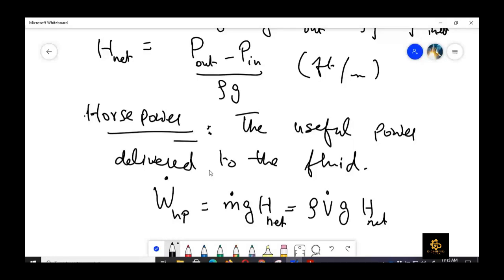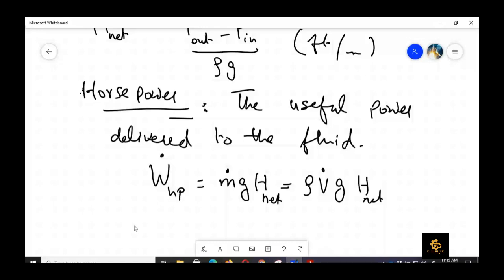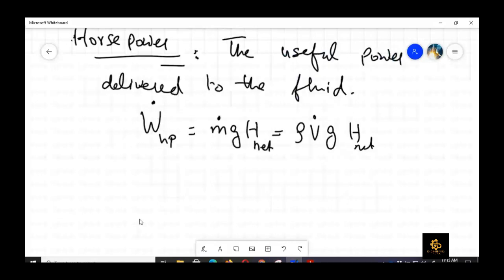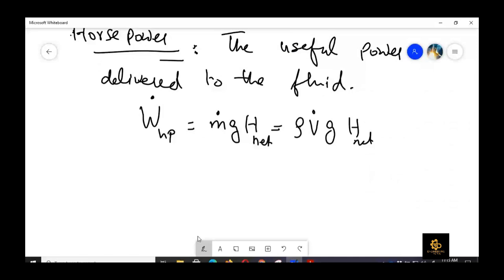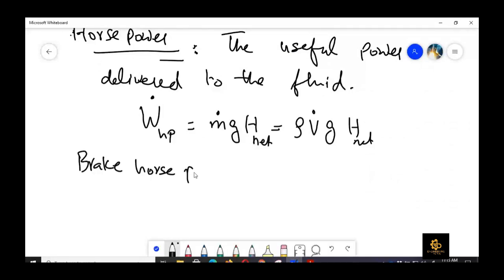The power usually provided by the rotating shaft is called brake horsepower, also called BHP. So brake horsepower is the power provided by the rotating shaft or motor. As we learned in the last class, it is equal to the product of angular velocity omega and torque on that shaft, right?